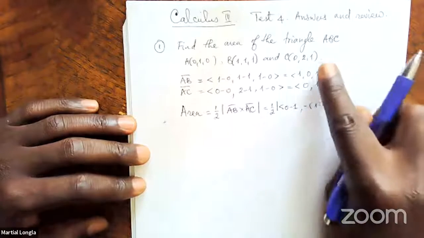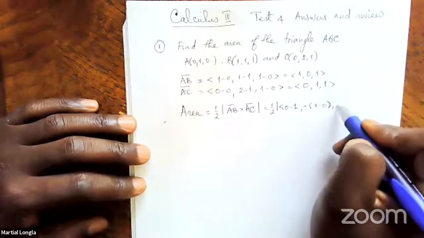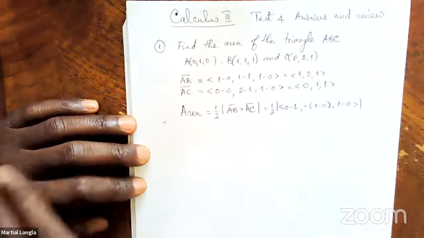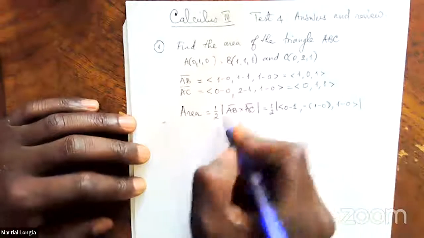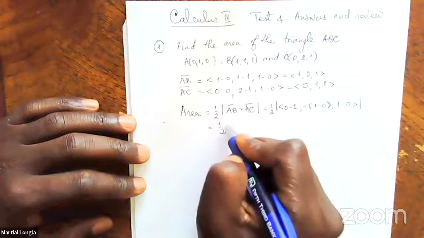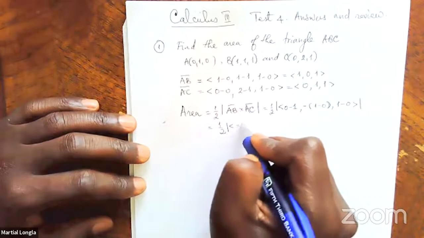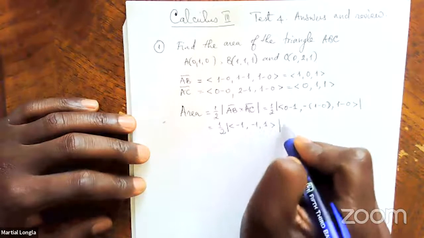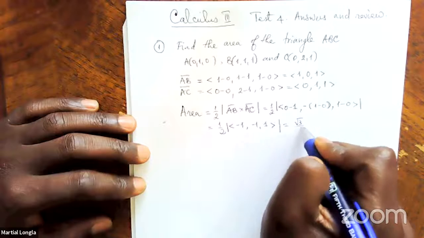And then the third one, you cover the last, you get 1 minus 0. So this is 1/2 of the magnitude of -1, -1, 1. That's square root of 3 over 2.